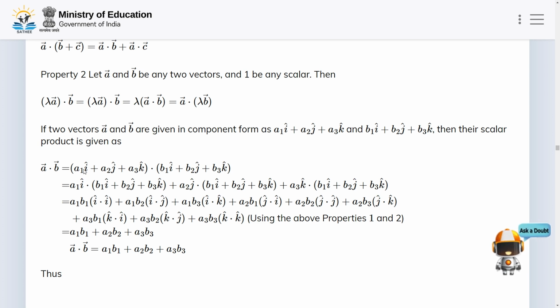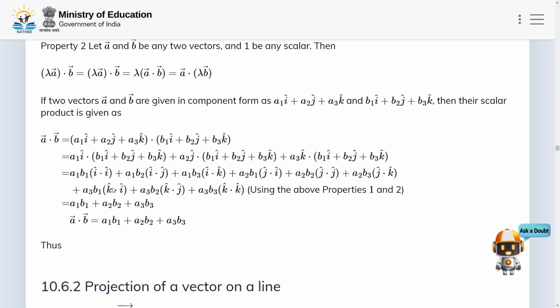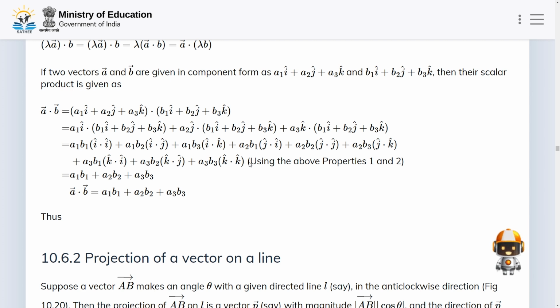Now this is going to multiply with this term, this with this term, this with this term, and the same goes for the other terms also. Then you will get this as your expansion. Then you already saw that i dot product i will be just 1, but i dot product j and i dot product k will be 0.